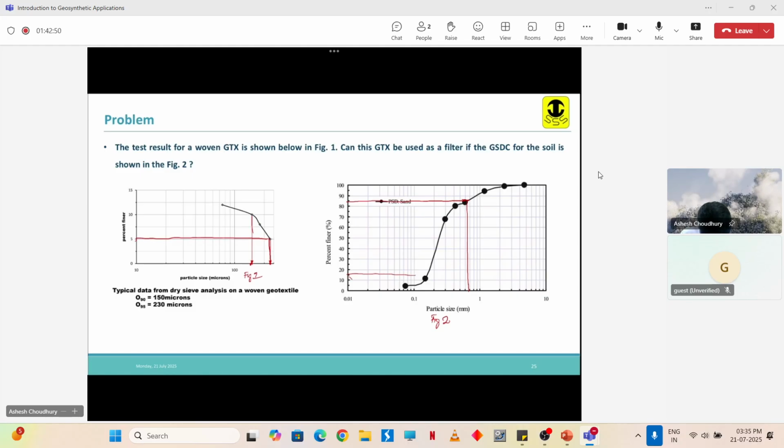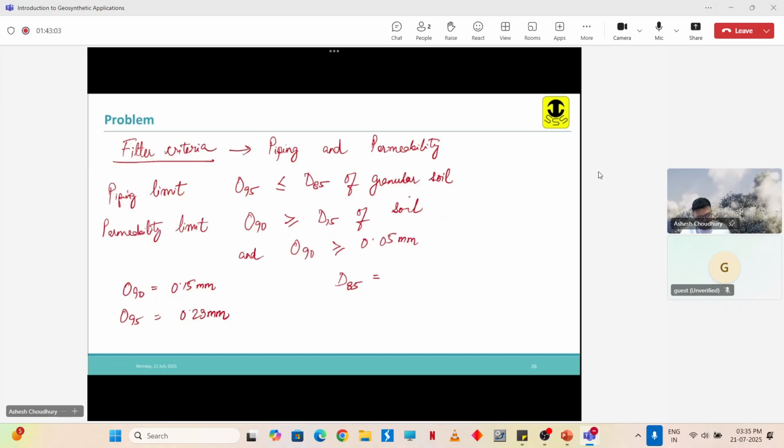Approximately, we find out from this curve, we calculate it, and get D85 as 0.75 mm and D15 as 0.6.